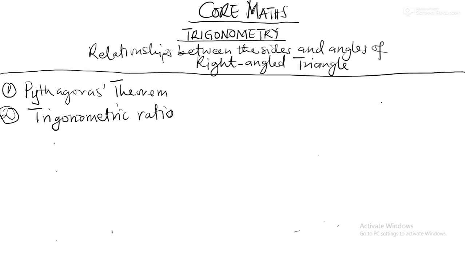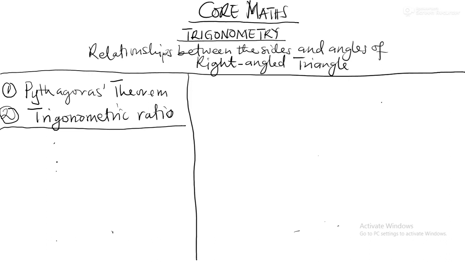This one focuses on the length of sides and angles. These are the two relationships we'll consider in our study of trigonometry: the Pythagoras theorem, which focuses only on the relationship between the length of sides, and the trigonometric ratio, which focuses on the length of sides and angles of a right-angled triangle. Let's begin with the Pythagoras theorem.